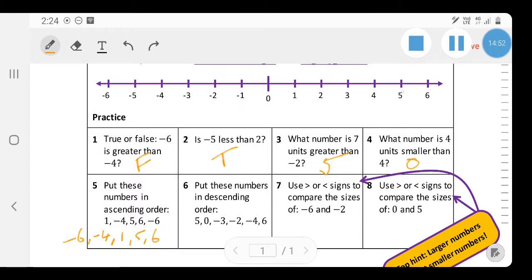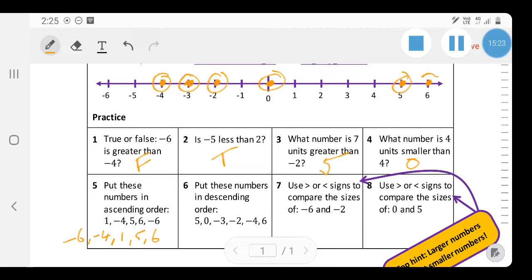All right, 5, 0, minus 3, minus 2, minus 4, and 6. Now, starting here, and then here, here, here, here, then here, I'm going to write those numbers in that order. No, I'm not. I'm going to write them in the opposite of that order.